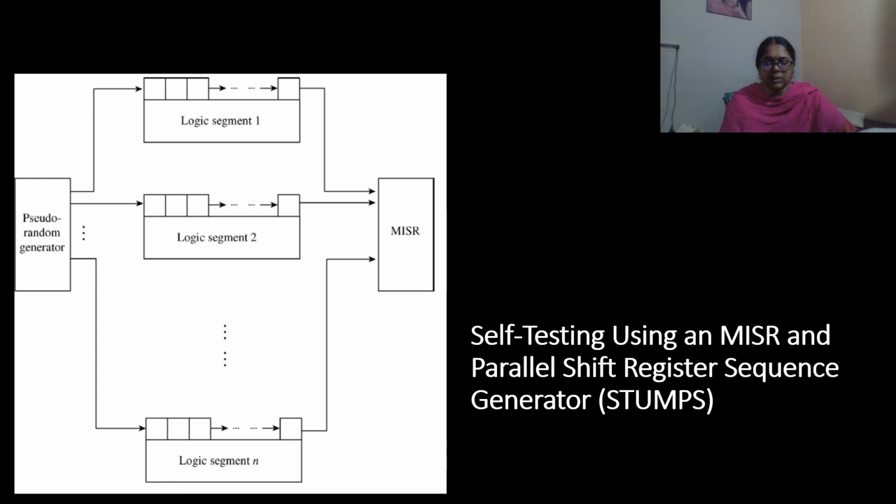Once the data has been loaded into the scan paths, the system clock is activated. The test results are loaded into the scan paths and then shifted into the MISR here for analysis purposes.